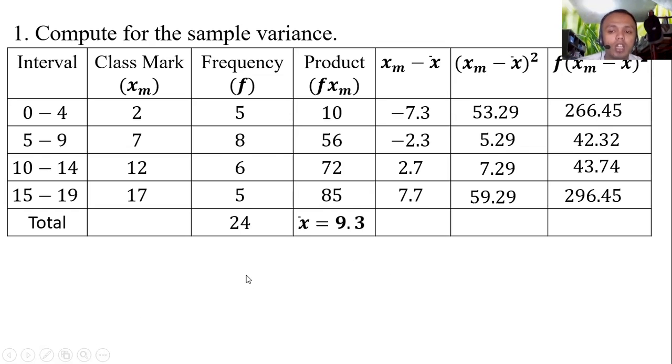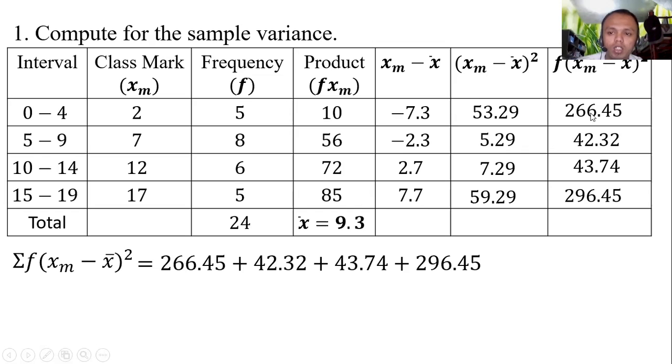Next is get the sum, or the summation. So add natin lahat to. We have 266.45 plus 42.32 plus 43.74 plus 296.45, and that is equal to 648.96.